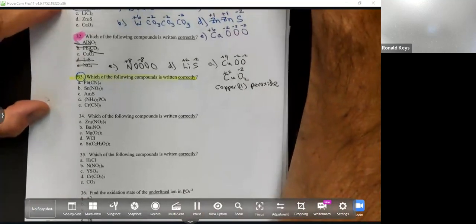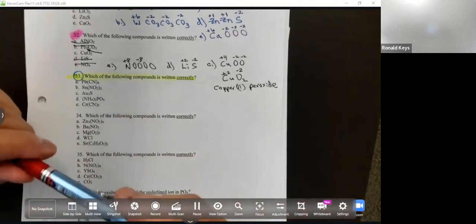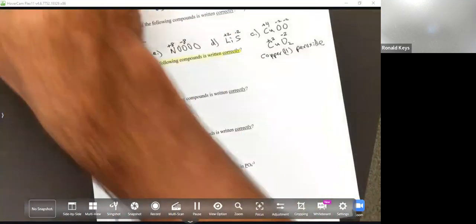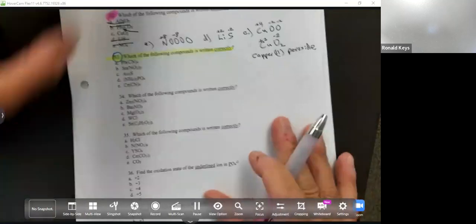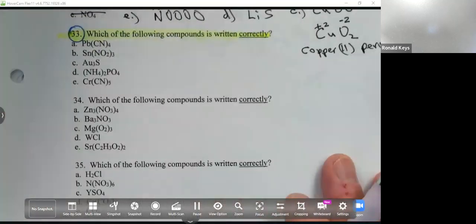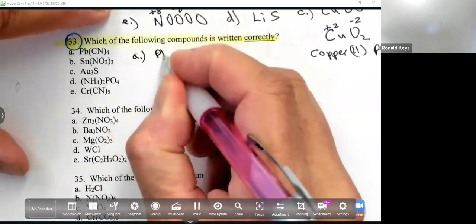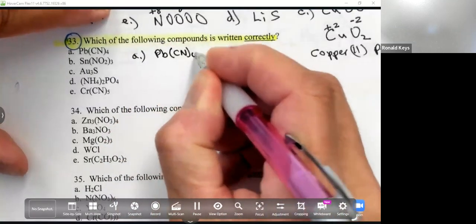We'll do questions here. We got number 33 on this. Which of the following is written correctly? The only way to do these is to really just start and look at all of them. If we start with A, we've got PbCN4.